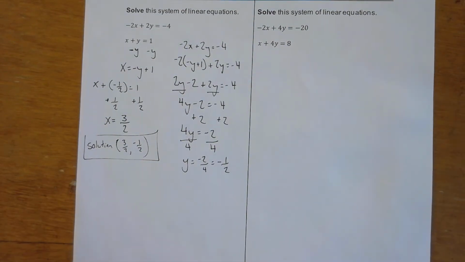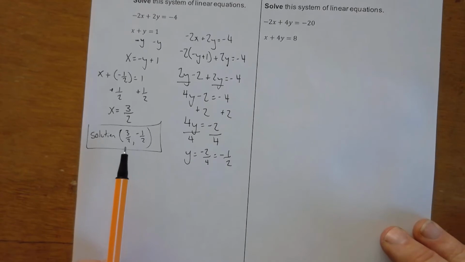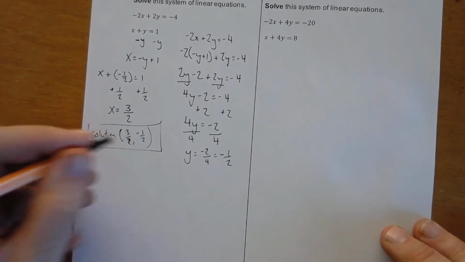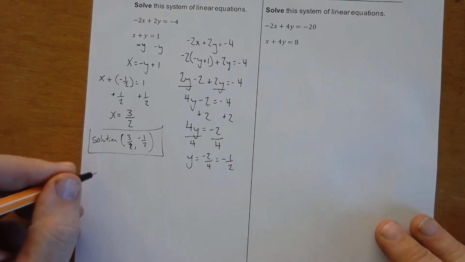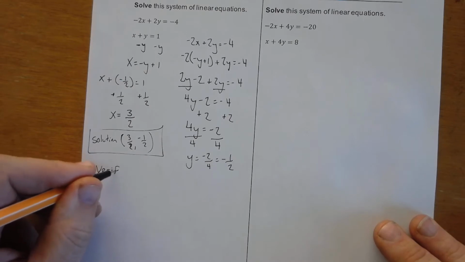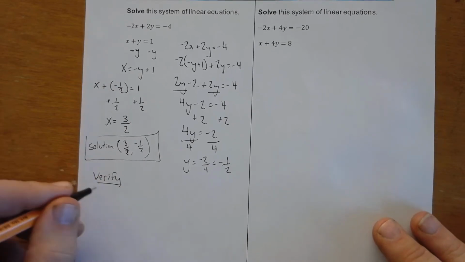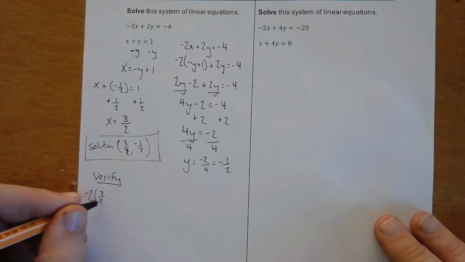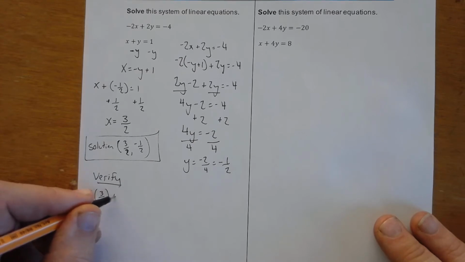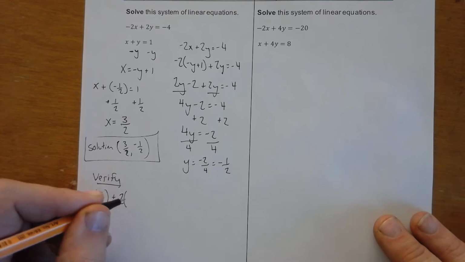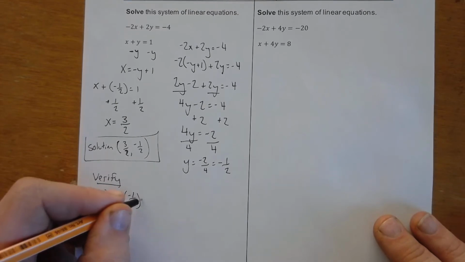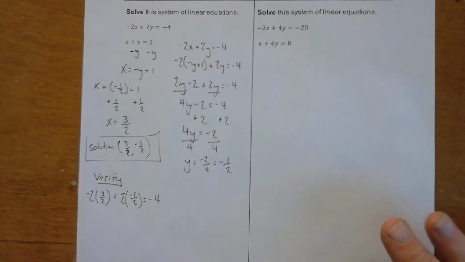What I want to do is verify that answer. So I want to take my solution of 3/2 and negative 1/2 and plug them back into the original equations. So verification. I have negative 2x, so negative 2 times 3/2, plus 2y, and y is negative 1/2, and that's going to equal negative 4.